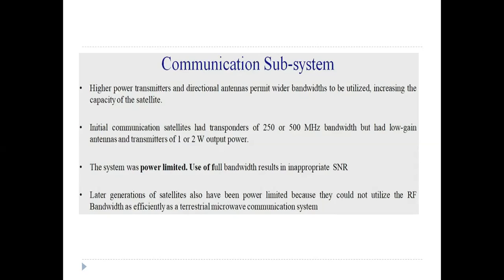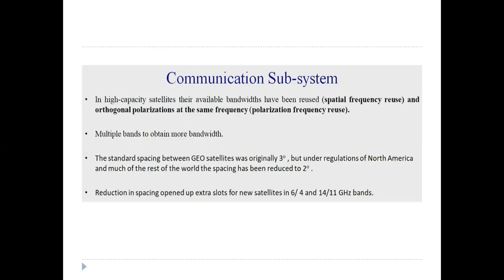Later generations of communication satellites have transponders with greatly increased output power, up to 200 watts for a DBS TV satellite, and steadily improved bandwidth utilization efficiency. We can see this in the figure.